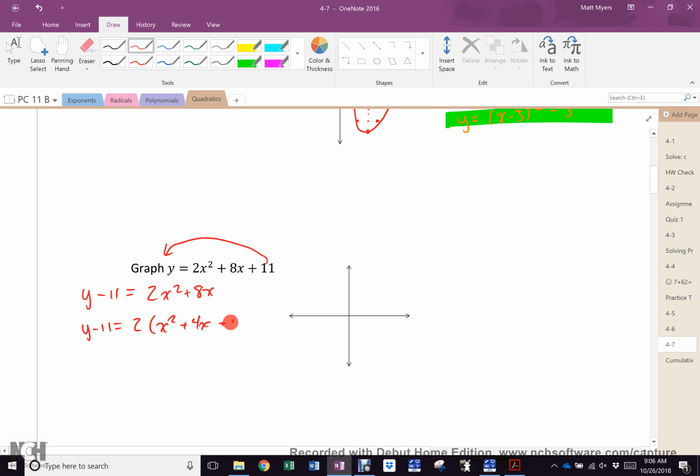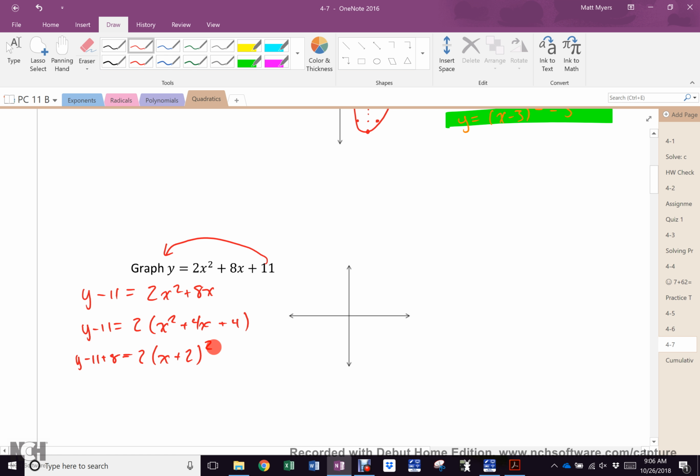Four. Correct? Now what did I add to the right-hand side of the equation? 8. So what do I need to add to this side of the equation? 8. Everyone agree?